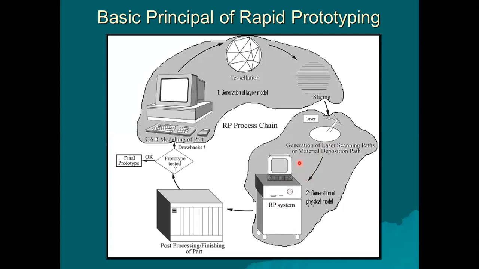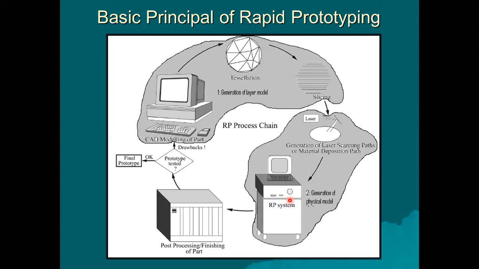Like in one of the most economical 3D printers, a wire is melted and you deposit the material through a nozzle. Those are called material deposition paths. So the 3D printer will calculate all these paths, and the material will be deposited, and you will basically get a prototype from this 3D printer.